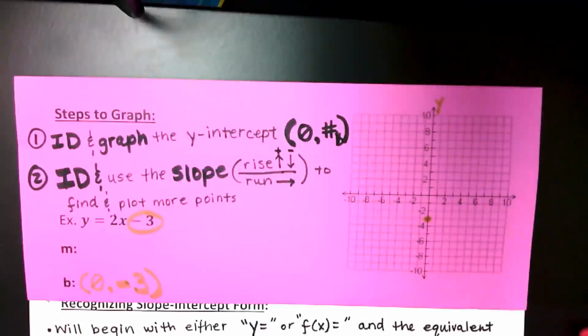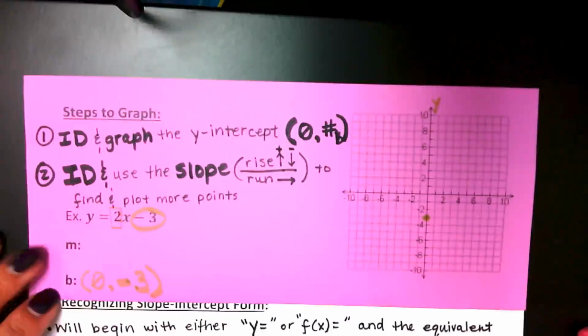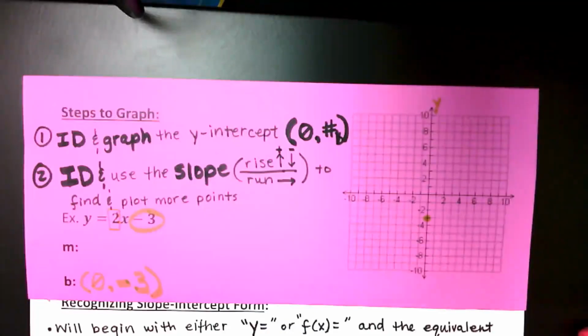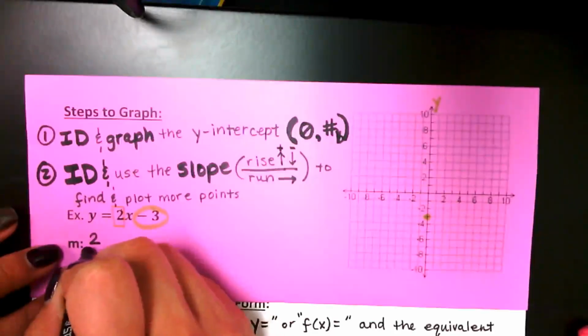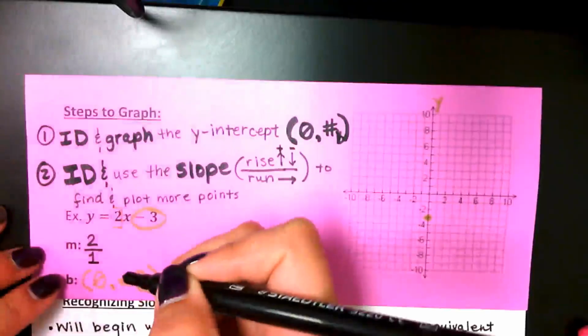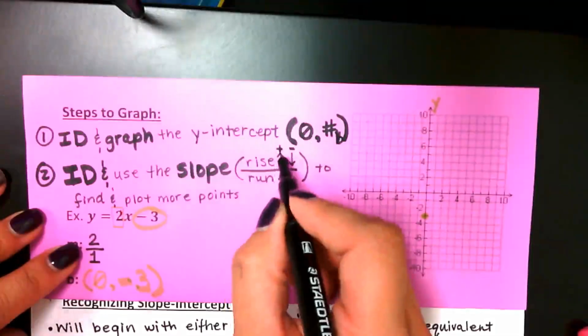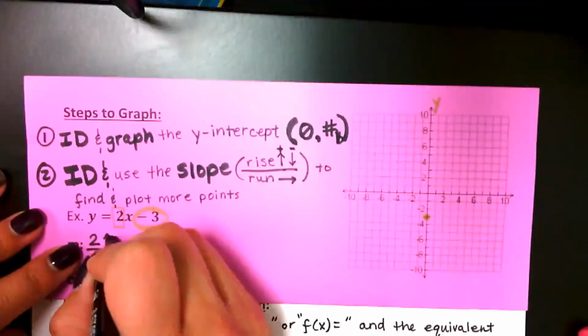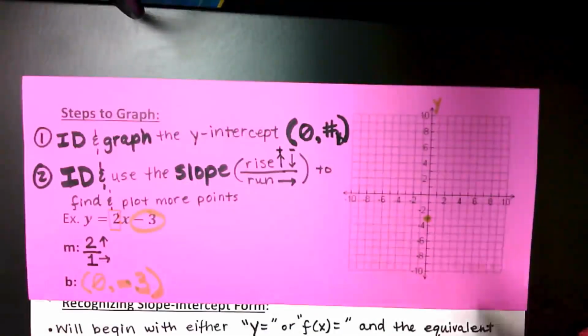Now, slope. Slope is my coefficient. And in this case, my coefficient is positive 2. That one isn't really showing up, so I'm going to go ahead and use this. So that positive 2 can be turned into a fraction, 2 over 1. Now, since 2 is positive, I'm going to go up 2 and always to the right.